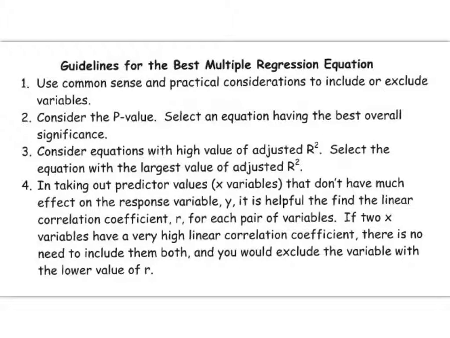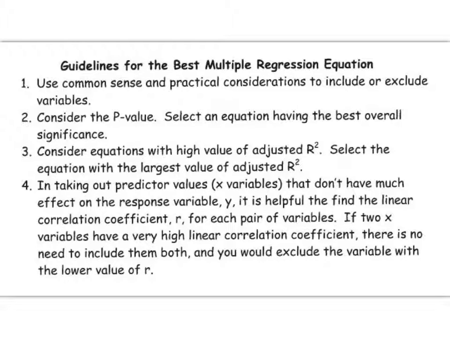You wouldn't want, for instance, if you were looking at the percentage of body fat in someone, you wouldn't want your two independent variables to be skin fold thickness on your tricep and skin fold thickness on your waist, because those are going to be correlated with each other.